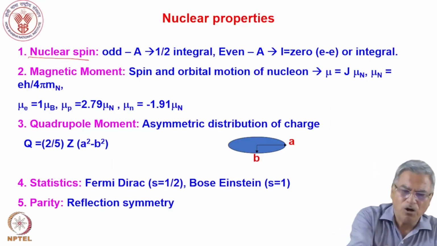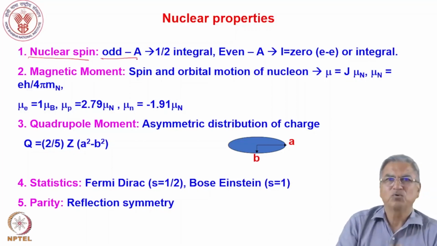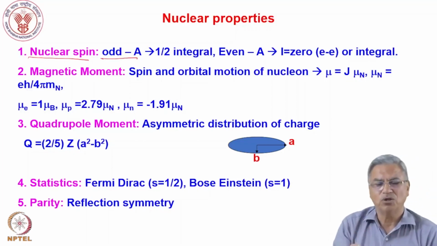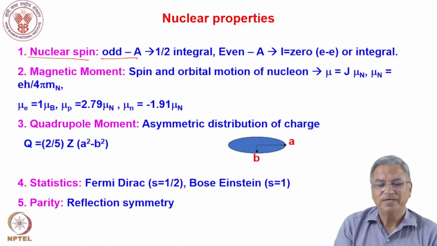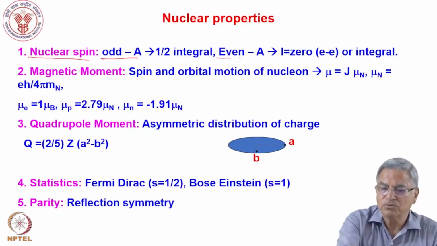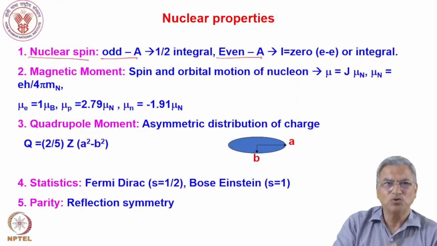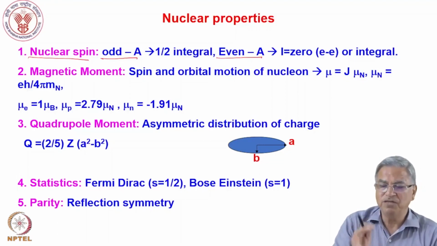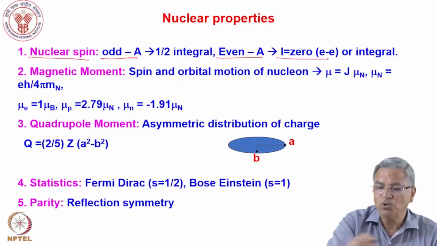If it is an odd mass number nucleus, that means either protons are odd or neutrons are odd, then this nucleus will have half integral spin. If it is an even mass nucleus, it could be even proton even neutron, or odd proton odd neutron, then this nucleus will have integral spin. And in that also, if it is an even-even nucleus, then I equals 0.